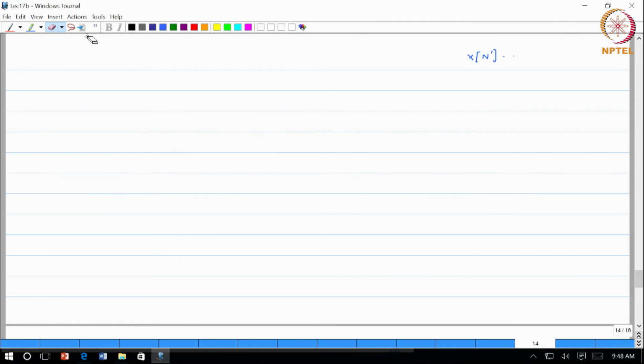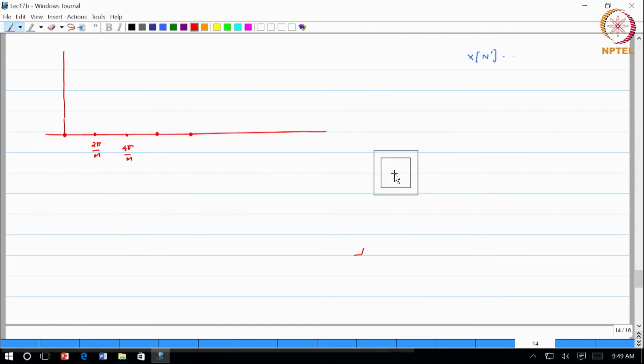Now, what would be the DFT interpretation in the following setup? My DFT center frequency points are 2 pi over m, 4 pi over m, 6 pi over m. Let me just take the case where it's an 8 point DFT.